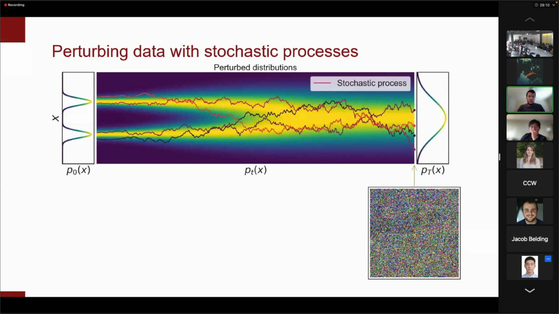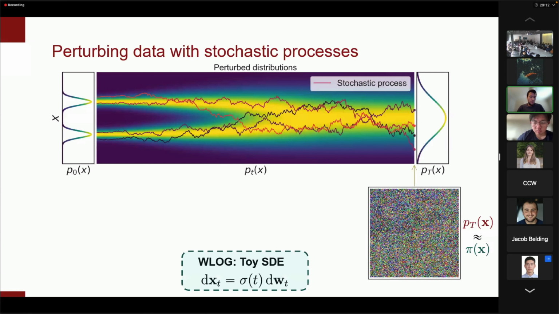We can describe this kind of process using a simple stochastic differential equation, where, if you were to discretize it, this process would correspond to relatively simple dynamics: we start the process with a data point, and then we add a little bit of noise at every time step.